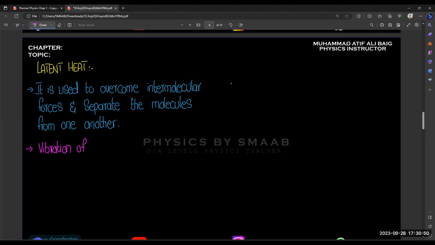And one more thing, the vibration of molecules stays the same, because kinetic energy is directly proportional to temperature. If your molecules' vibration increases, definitely your temperature will increase, and the kinetic energy will increase as well, right?